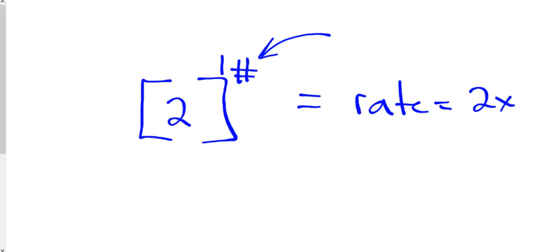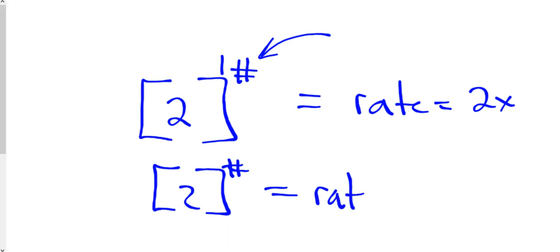But sometimes we put a 2 in here, and our rate increases 4 times. Well, what exponent can turn a 2 into a 4? A 2. So we would say this is a second order reaction.